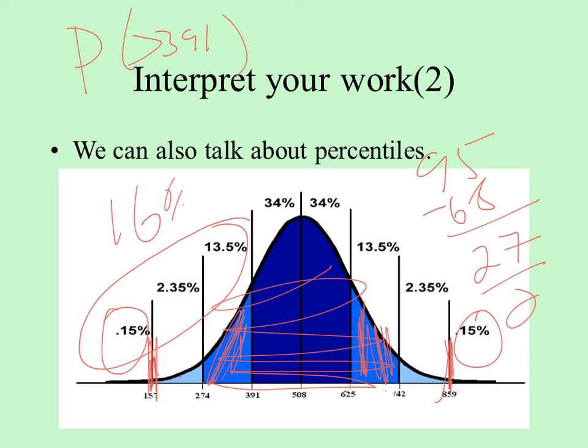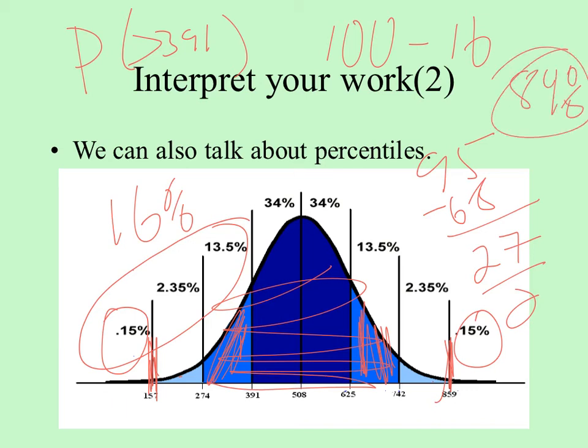So that adds up to 16%, or 0.16. And then since the whole area under the curve is 100, 100 minus 16 is 84% of the students scored better than 391. If I wanted to know what percent of the students scored between 625 and 742, I could just use that number right there.